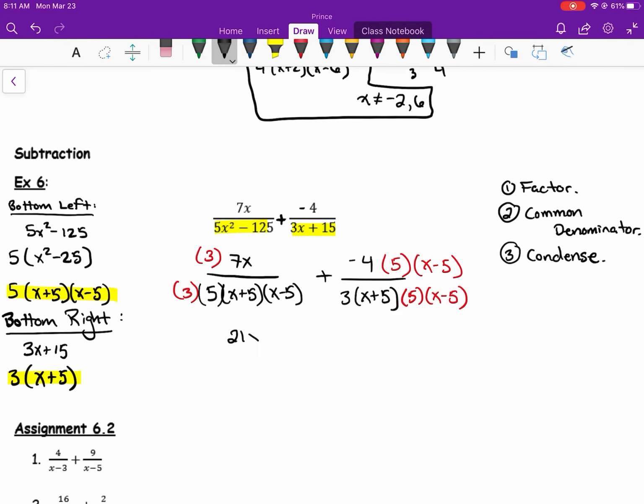Okay, I'm gonna get 21x. Now this negative 4 times 5 is negative 20. Okay, so then we'll do negative 20 times x and negative 5. So I got 21x minus 20x plus 100.